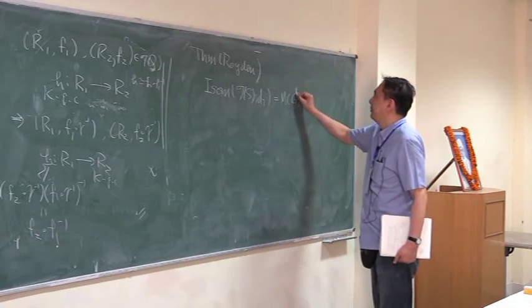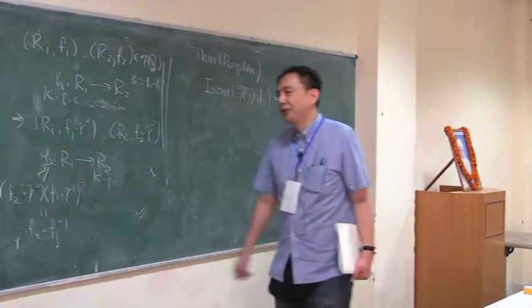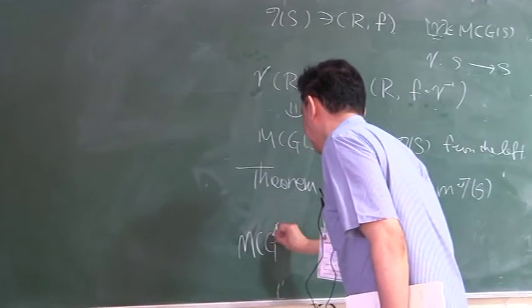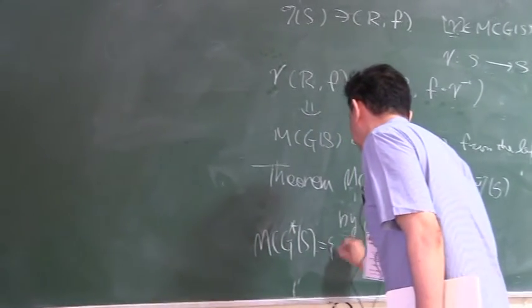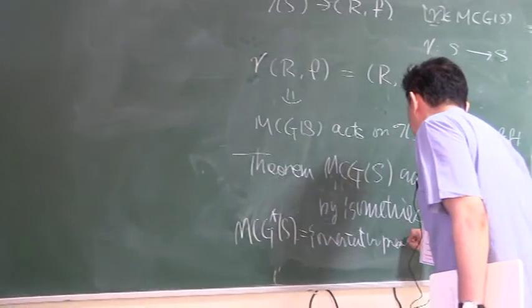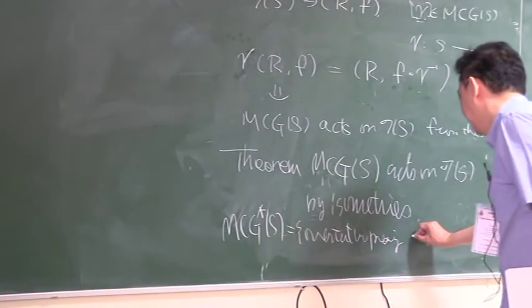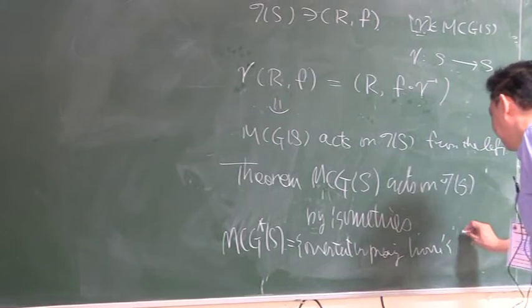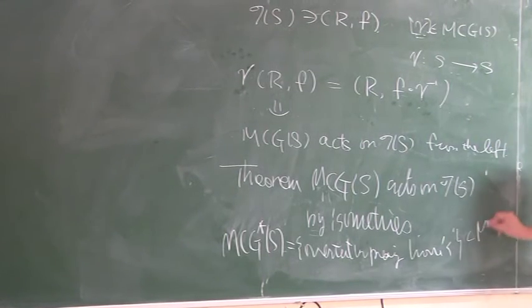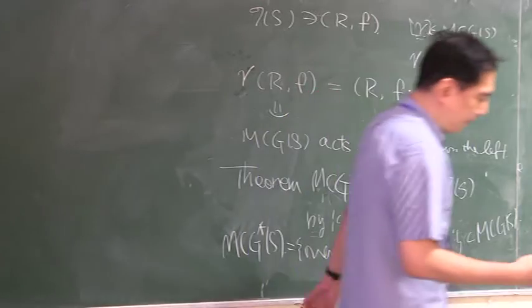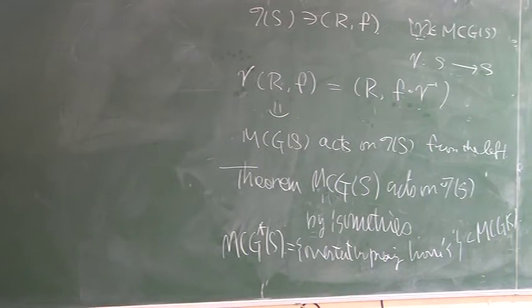Probably when I put a star here, that means orientation preserving homeomorphisms. So that's an index 2 subgroup of the mapping class group. Okay.